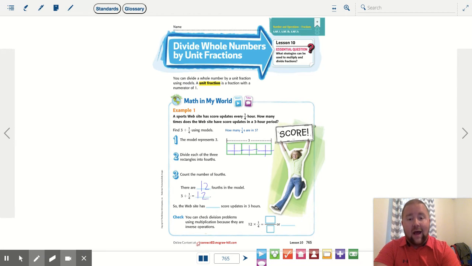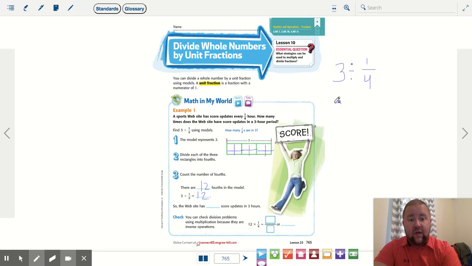Now, when we have 3 divided by 1/4, if we're not drawing the models, really what we're doing is each of these sections is broken up into 4 sections.